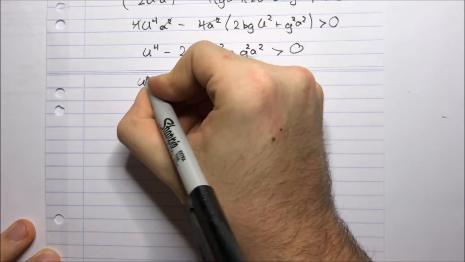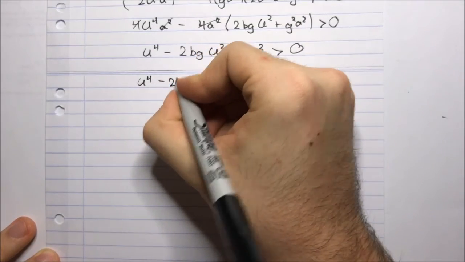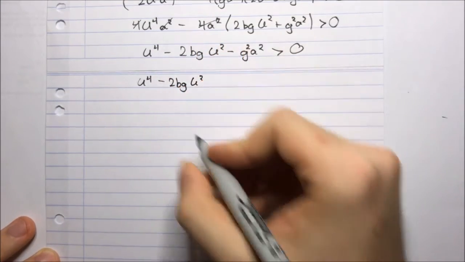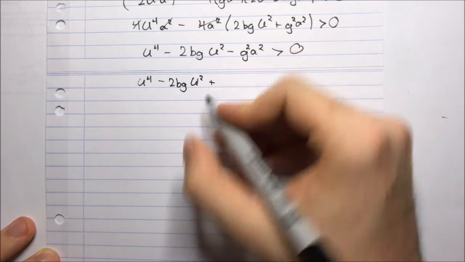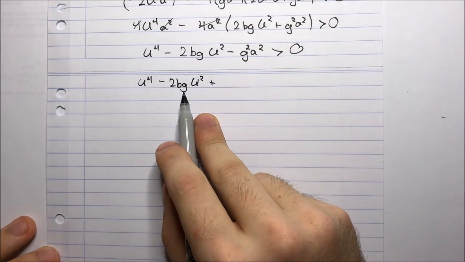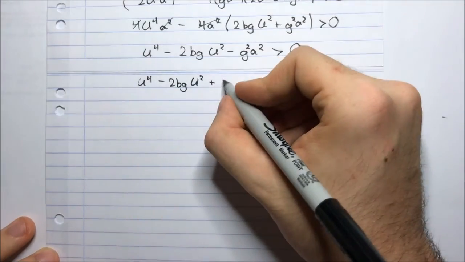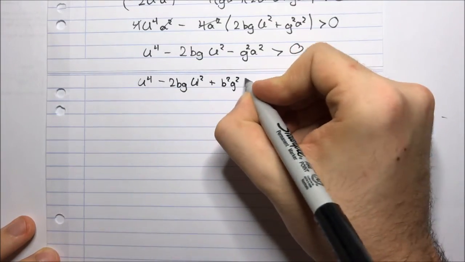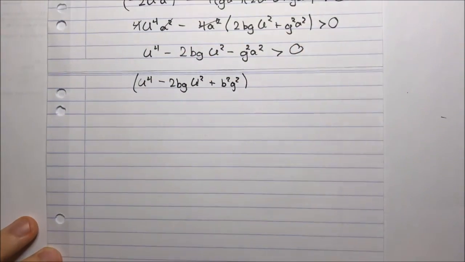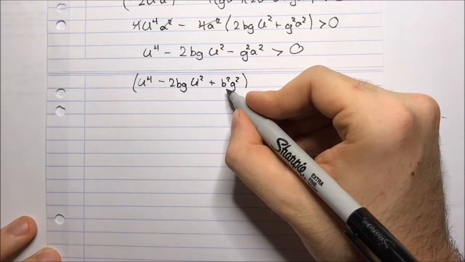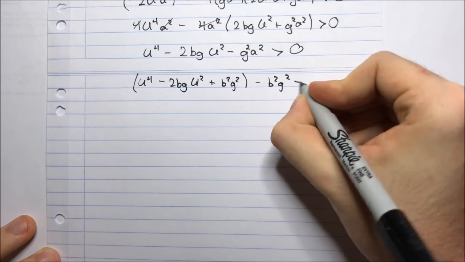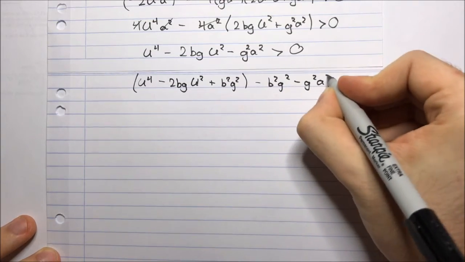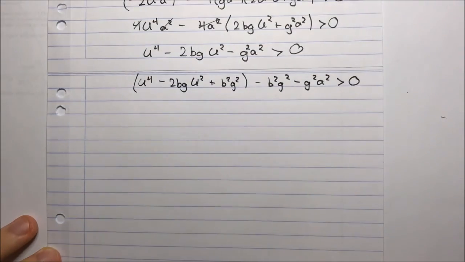So I have u to the 4 minus 2bg u squared. Now by completing the square, I'm going to halve this and then square it and add it on. So halving 2bg is bg, squaring it is going to be b squared g squared. Put that in brackets. But I've added b squared g squared, so I have to take it away because I can't do anything for free. g squared a squared is greater than 0.